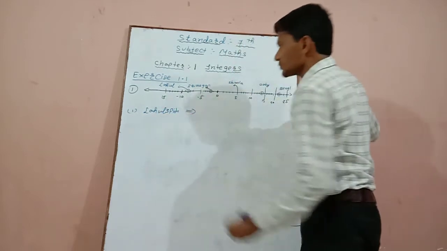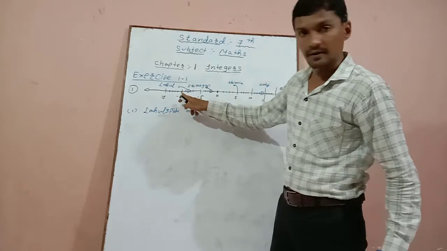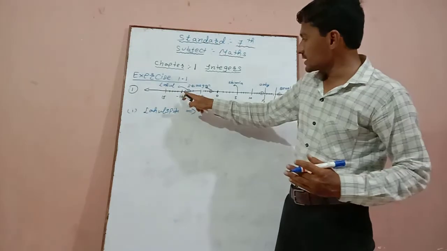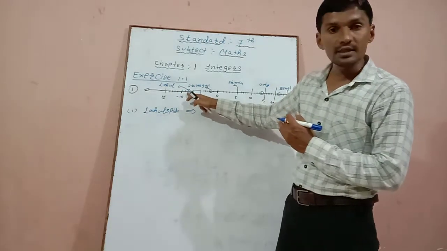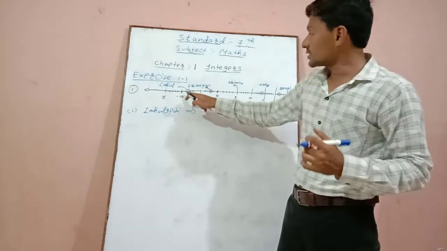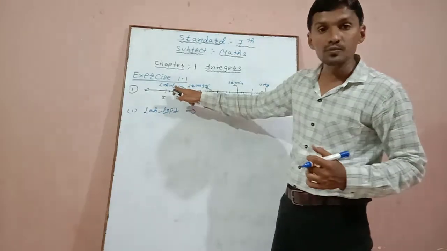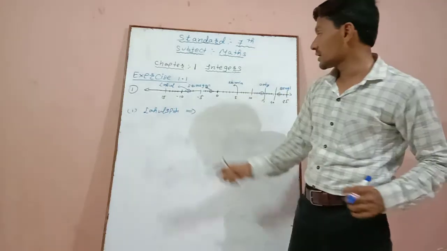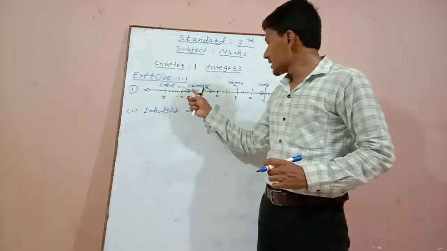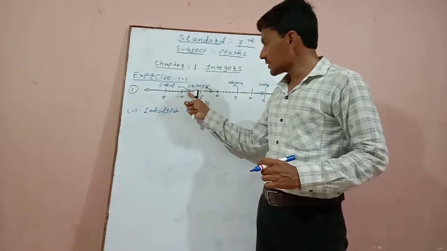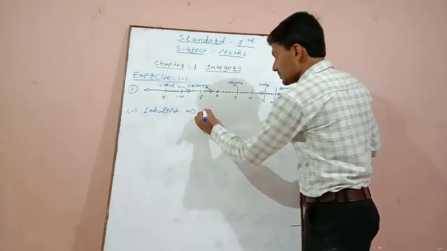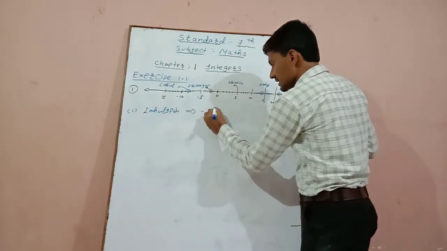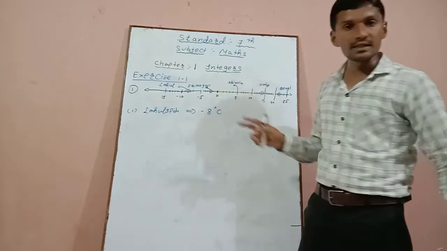Lahul Spiti is here. Here is 10, back from 10 is 9, then 8. So the temperature of Lahul Spiti looks like 8, but not 8, because it is on the left: -5, -6, -7 and -8. So the temperature is -8 degrees Celsius.